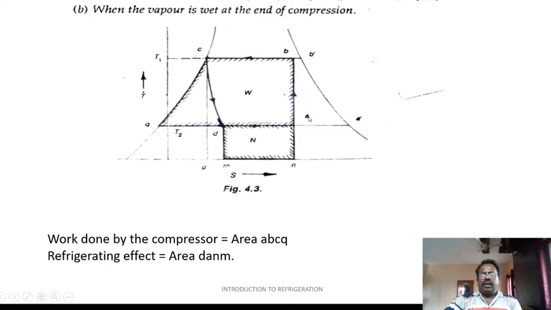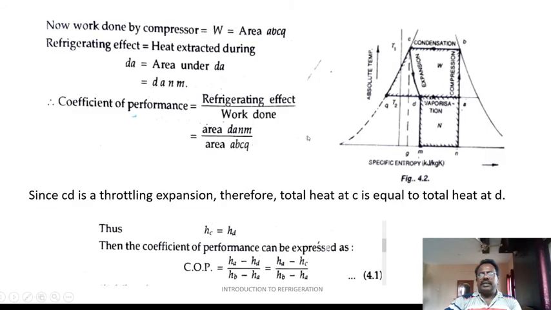In the last case, the vapor is dry, this will be the case A, B, C, D, and this is the dryness fraction.